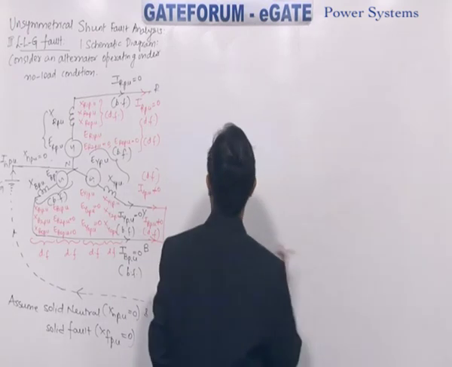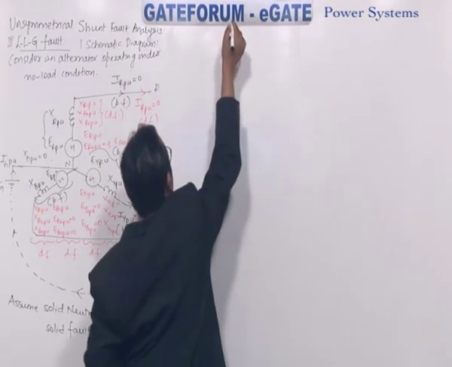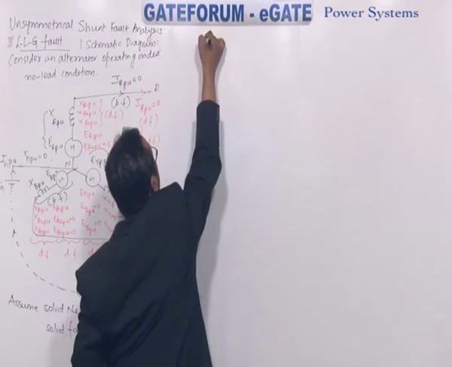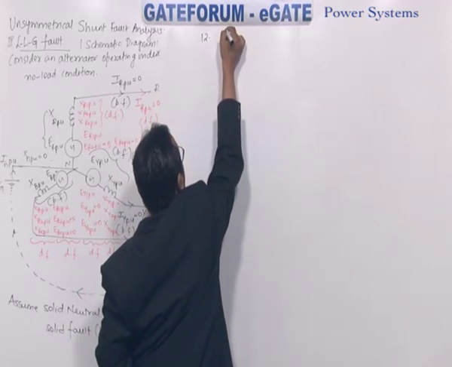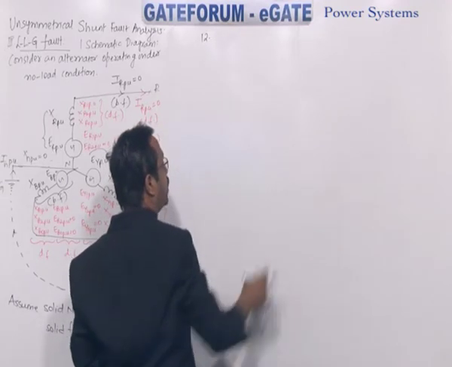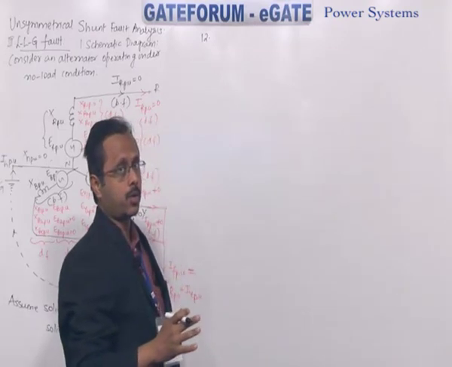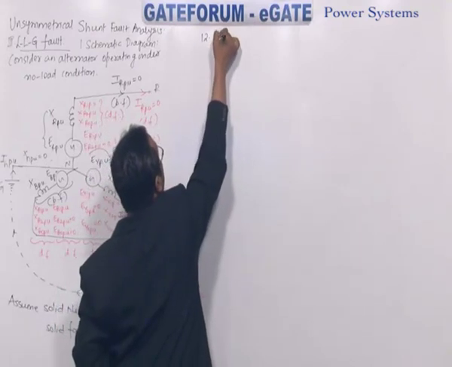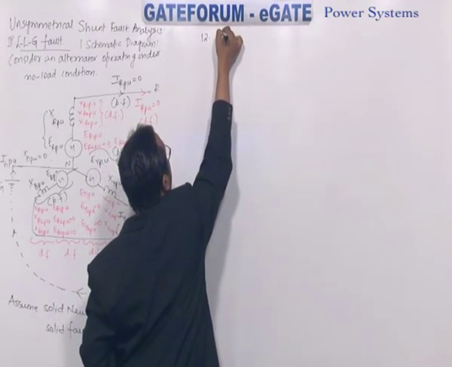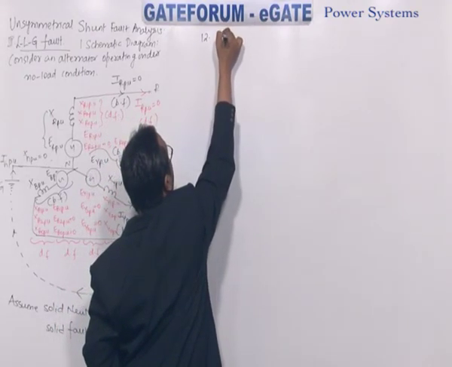Okay, now we continue further with this line to ground fault. We have evaluated per unit neutral current and per unit voltage to neutral. Now we have to find out short circuit current in amperes.